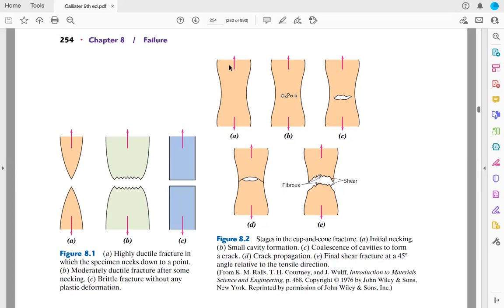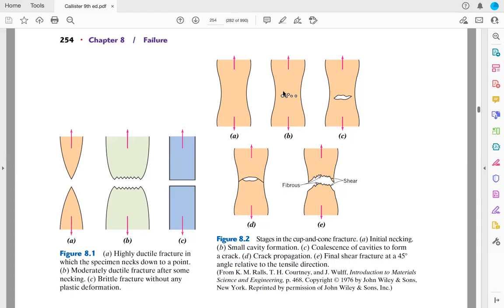Okay, so the stages in ductile fracture are, first, plastic deformation, and then you will have the necking around here. After that, in the necking, there would be some cavity formation, which is perpendicular to the tensile load.